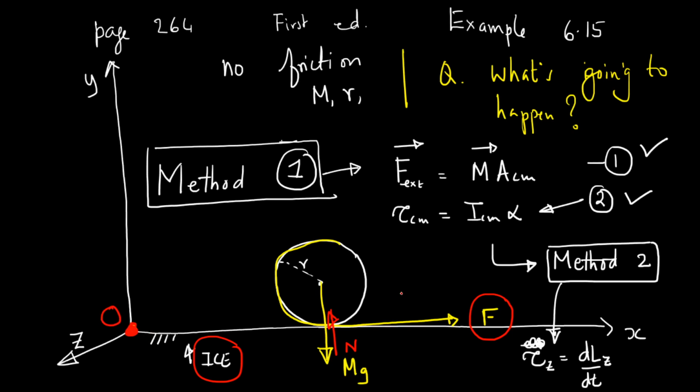Okay, so let's get back to what are the predictions of method 1. And there is no reason for us to doubt these equations. So all we need then is our ability to calculate tau about the center of mass and the external force, and this is facilitated by our ability to draw the free body diagram, of which we are reasonably confident. So let's get back to method 1.